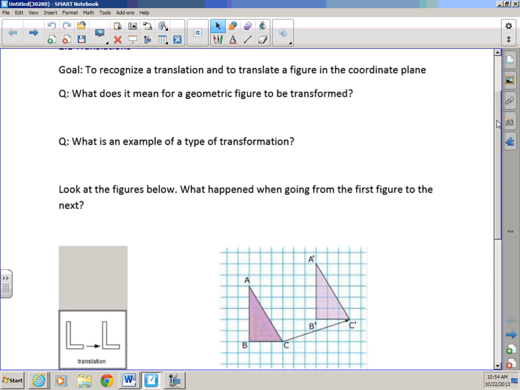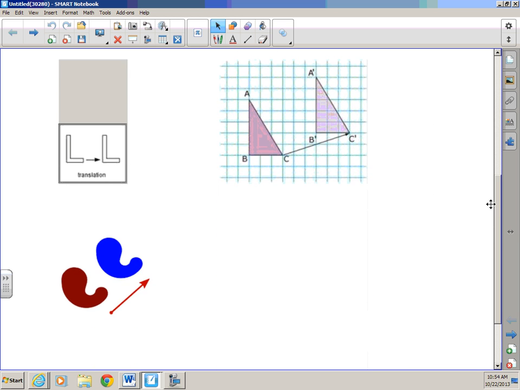So let's just take a look at the three examples below. I'm going from one figure to the next, and it really doesn't matter all that much which one is going where, but there are directional arrows to show us. How did I go from the L to the new L, or from whatever this figure looks like, something in the inner ear, to the next one? Or how did I go from triangle ABC to the new triangle ABC?